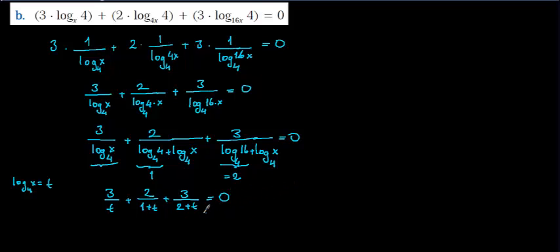All the denominators are different, and it's an addition between rational terms, so I'm going to multiply with the different factors. I'm going to multiply by 1 plus t times 2 plus t here, t times 2 plus t here, and t times 1 plus t here.